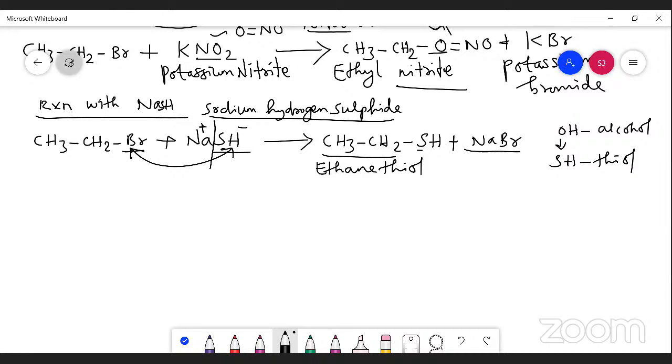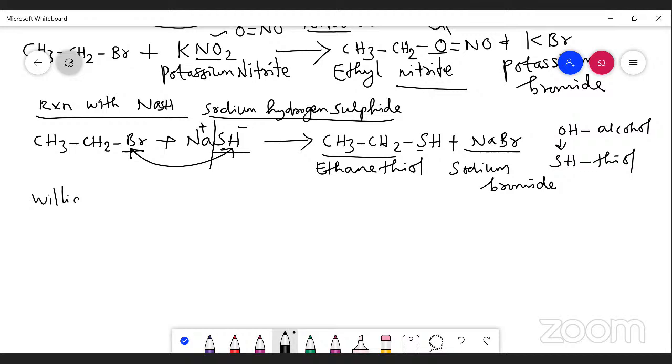And this side product is sodium bromide. This is also one of the nucleophilic substitution reactions where haloalkane reacts with sodium hydrogen sulfide.